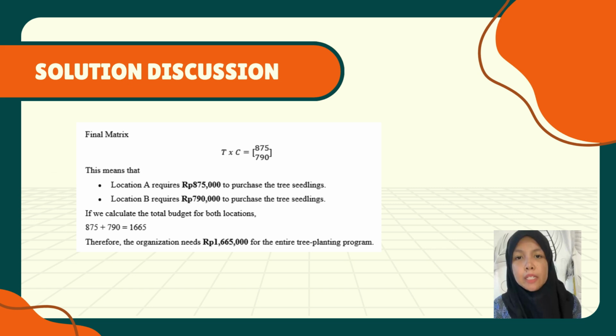By applying mathematics, organizations can make better financial plans, plant more trees, restore damaged ecosystems, and contribute to environmental sustainability. This is one example of how mathematics supports Sustainable Development Goal 15, Life on Land.